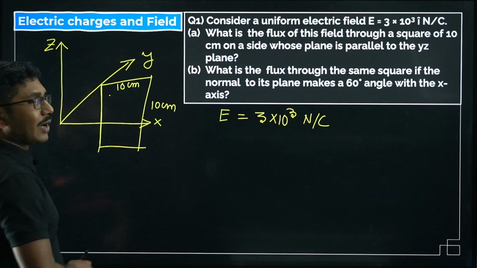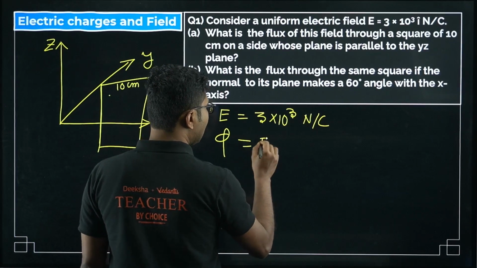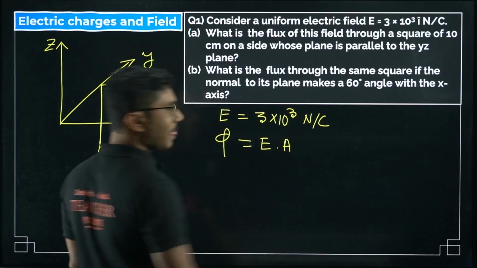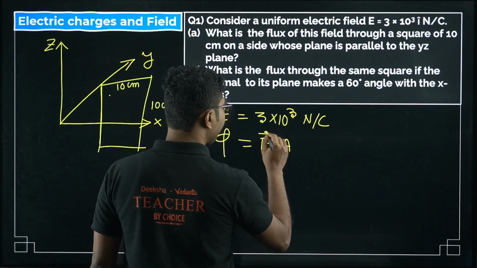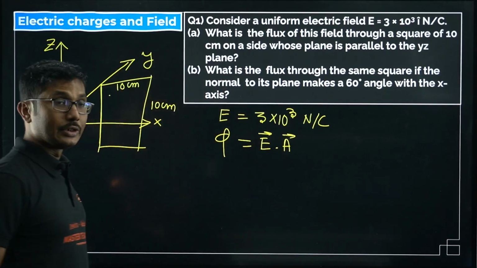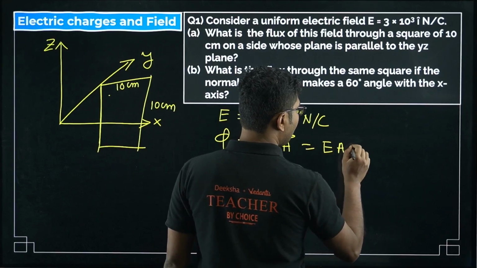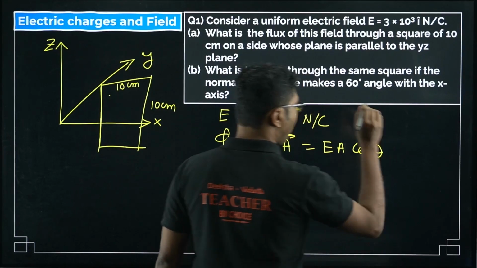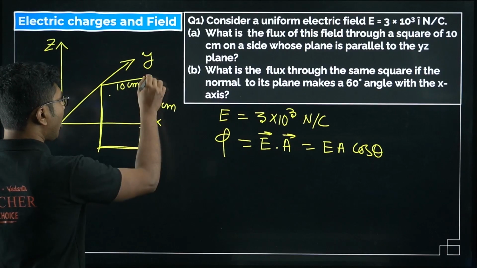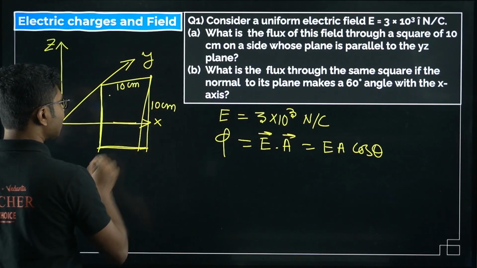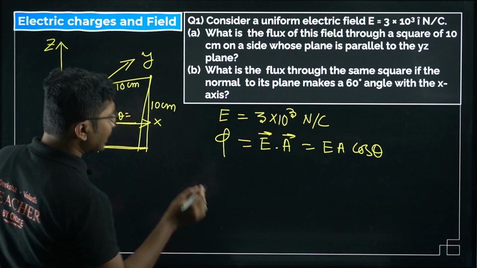So what is the electric flux through that? Electric flux is defined as electric field into area, but it is a dot product. If you are using vector sign, you can say it's EA cos theta. Now in this case, when it is along the YZ plane, the angle obviously is theta equals 0 degree.